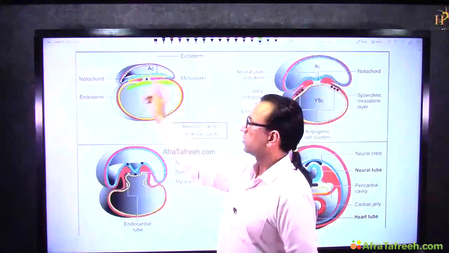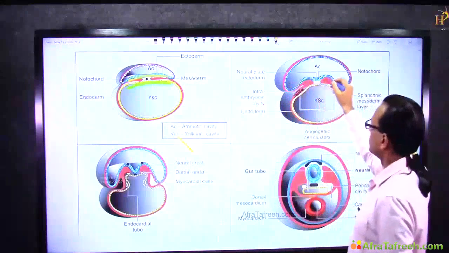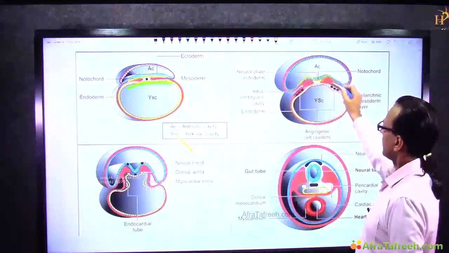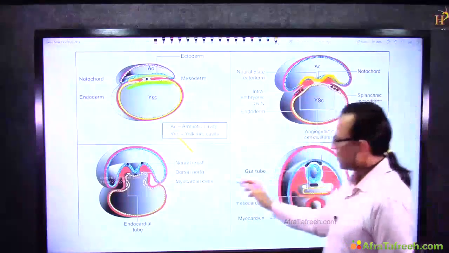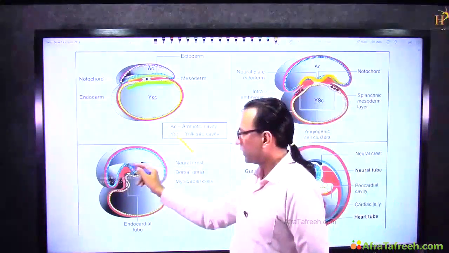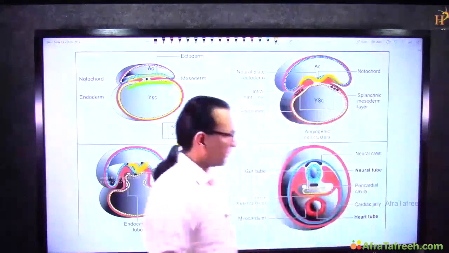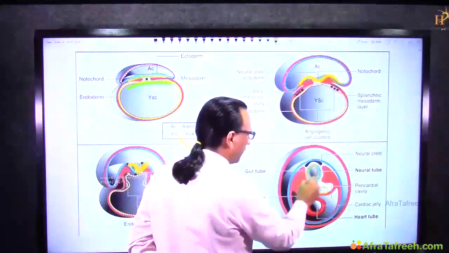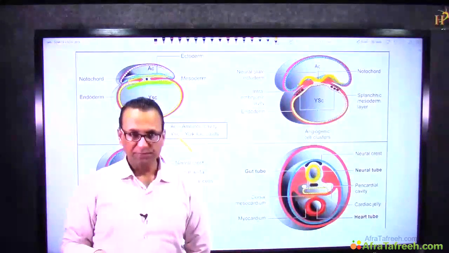Let us start with the ectoderm. The ectoderm is going to form a neural plate, and that neural plate is going to form a neural groove. That neural groove is shown here, and this neural groove will later form a neural tube, and that neural tube is going to form the central nervous system, brain and spinal cord.